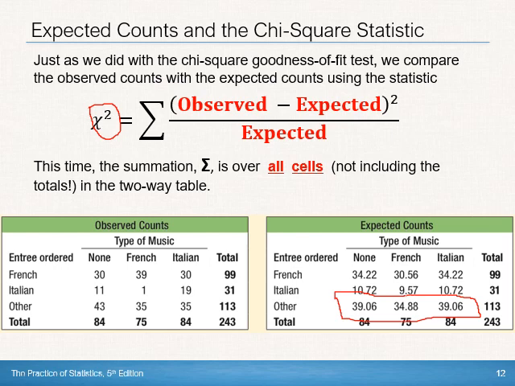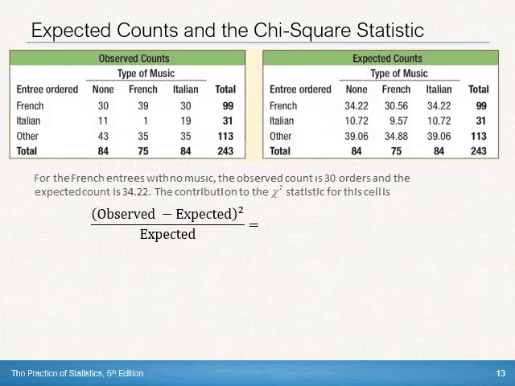We add them up for all 9 cells. So we have to do this 9 times: do the difference, square it, divide by the expected, and then add all 9 of them up. All right, so calculate a couple of these. I don't know that you need to do all 9 of them, but at least calculate a couple of these.